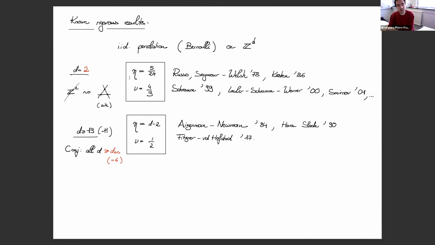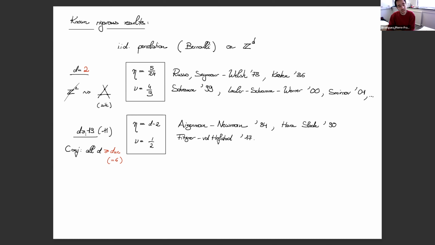In 2 dimensions, there has, of course, been great progress, and we know, for instance, the value of these 2 exponents. We can prove that they exist and determine their value. I should say we can do this specifically for site percolation on the triangular lattice, but still, there is a model where we can actually determine these rigorously. This is, of course, a celebrated work.